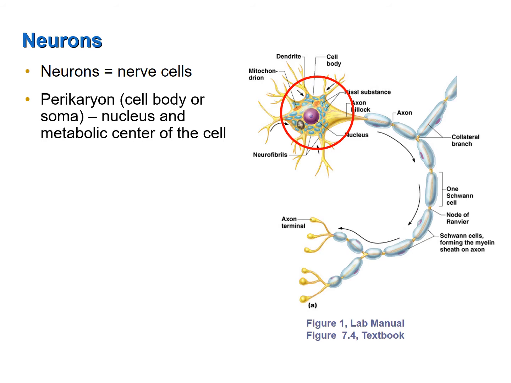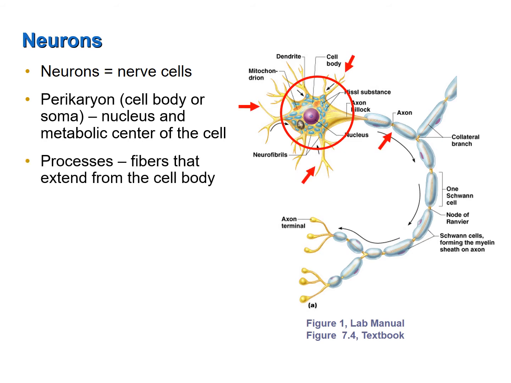The perikaryon, or soma, or cell body, they all mean the same thing, is the central portion of the neuron. It's where you find the nucleus and the nucleolus and the normal host of organelles that we associate with any cell of the human body.